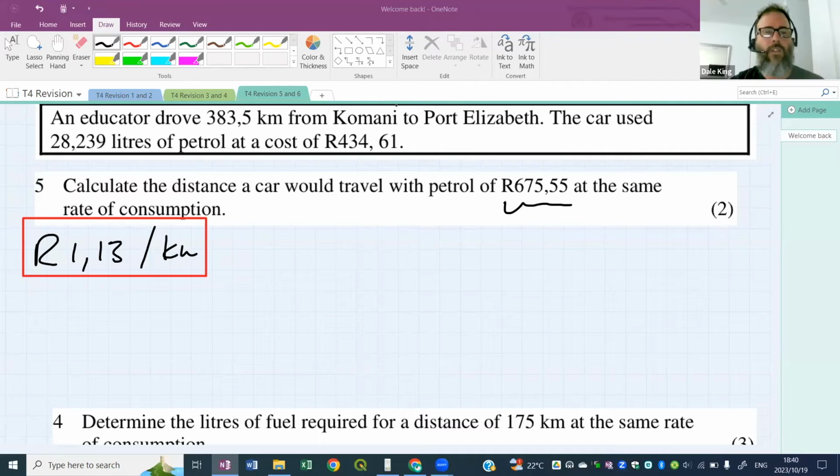All right, let's have a look. So we know that it costs R1.13 for every kilometer. And they want to know how many kilometers with this much money? So I'm asking myself, how many R1.13s do I have in here? Because each one of them is a kilometer.